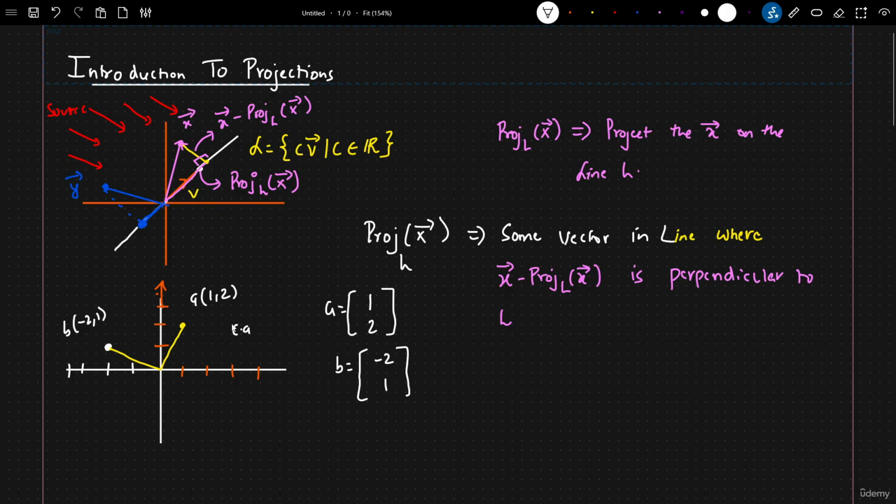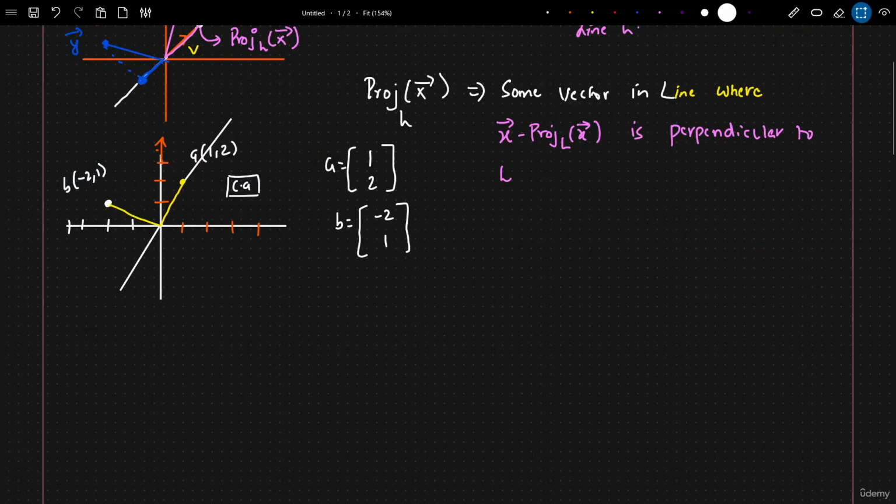Now, if I want to convert this vector into a line, I can multiply any scalar value c with a. So when I multiply c with a, it can be extended over here. When we say that both this line and this vector are perpendicular to each other, what happens if we do the dot product? If I write a dot b, here you know that a is 1, 2, and b is -2, 1.